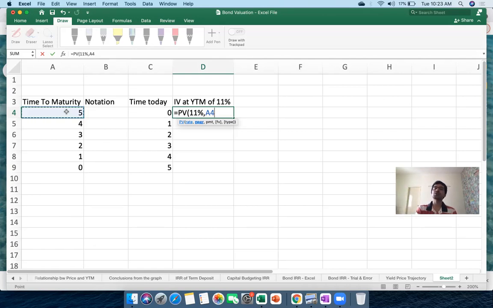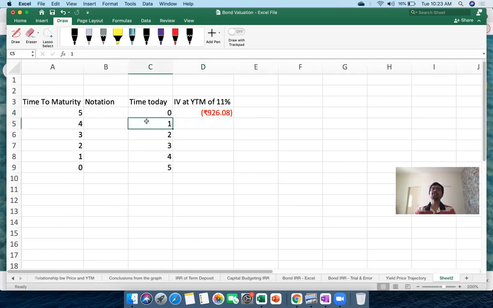The future cash flows here are the cash flows for a period of 5 years, and that is why the remaining time to maturity is relevant for us. Then I had a payment per period of 90, a future value of 1000, and type as 0. So I got an answer of 926.08.